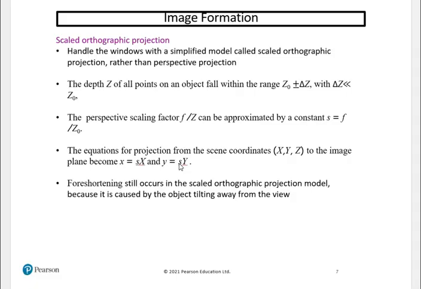The equations for projection from scene coordinates x, y, z to the image plane then become just x' equals s x and y' equals s y, where s is our constant scaling factor. By using this approach, foreshortening still occurs in the scaled orthographic projection model, because it's caused by the object tilting away from the view.